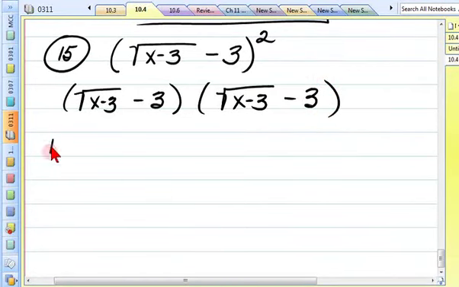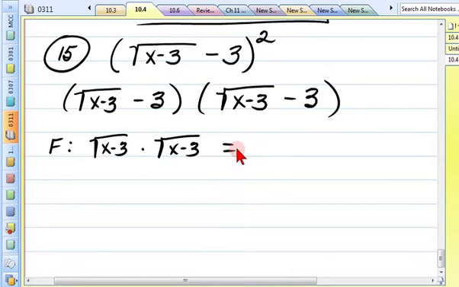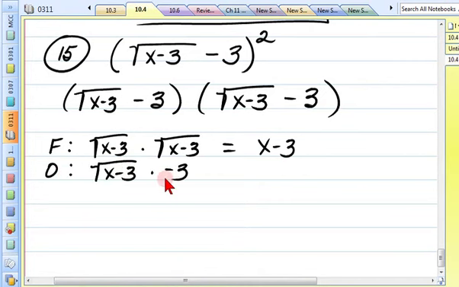Since I'm going to use FOIL, the product of the first, it's the square root of x minus 3 times the square root of x minus 3, which gives you x minus 3. A square root times itself, the radicand pops out. Okay, outer product. The outers, it's the square root of x minus 3 times a negative 3.